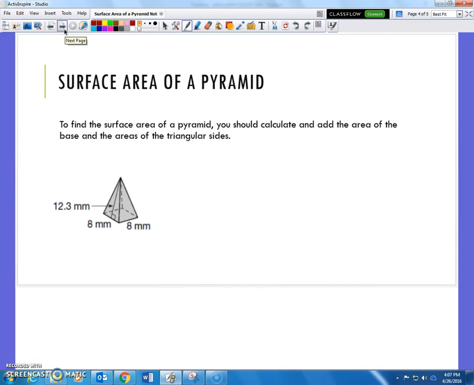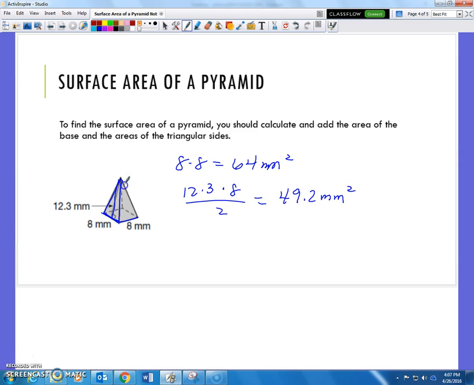Take a look at another one here. Again, I have a square pyramid. I see that it's 8 on each side, telling me that each of these triangles must be the same amount of area. The base is 8 times 8, in this case 64. And we have square millimeters this time. And the height of this triangle is 12.3 times the base, 8, all divided by 2. 12.3 times 8 divided by 2 is 49.2 square millimeters.